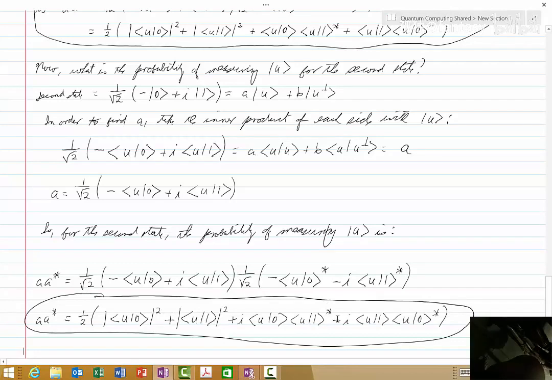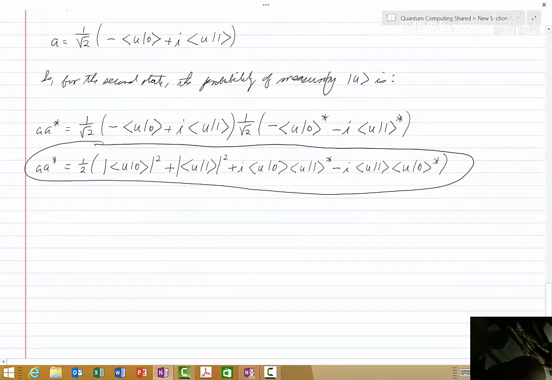And we want those, once again, now remember that A times A star, or A times the complex conjugate of A, that's the probability of measuring the state U. And we want that to be different for the first state and the second state in this problem. So let's now look at those. Let's summarize this and see what choice of U will work. So summary.